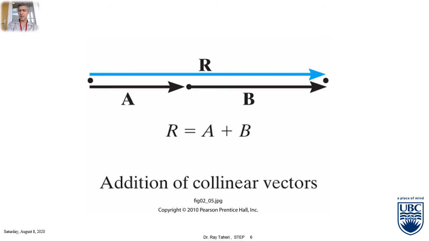In this case, A minus B perhaps is a vector like this. Because B is bigger than A, the direction would be the opposite. But this doesn't happen very often in physics. So mostly we're dealing with vectors that have different alignment, or they are in three-dimensional space.